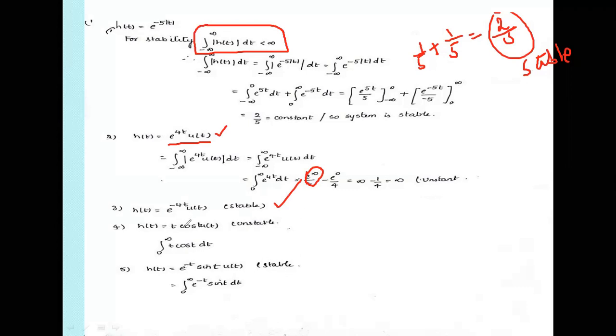By using h of t, for t into cos t mu of t use the UV rule, and for e power minus t sin t here also use the UV rule and substitute the limits from 0 to infinity. You'll get stable or unstable. When it is less than infinity, it is stable; equal to infinity, it is an unstable system.